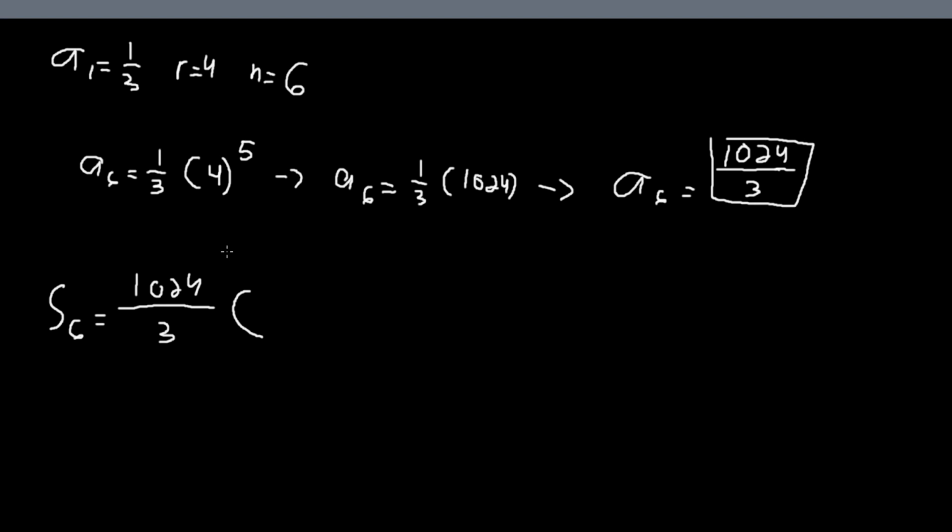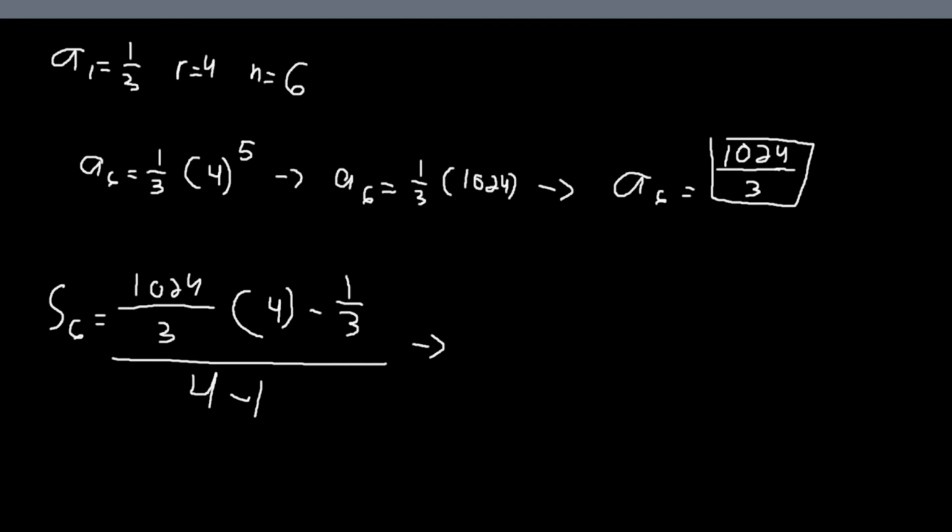Multiply that by our common ratio, which is 4, minus 1/3. Divide that by our common ratio minus 1.